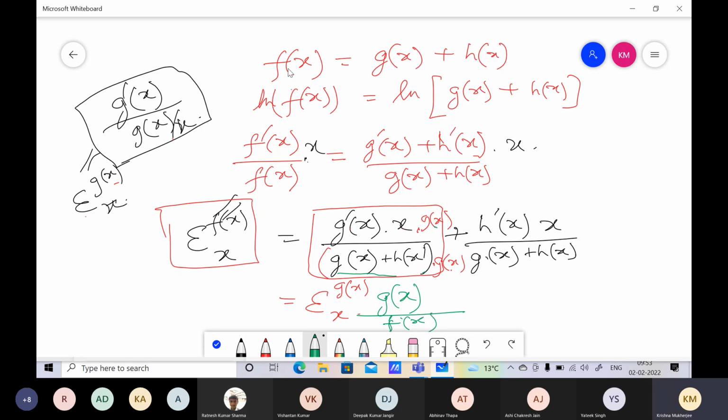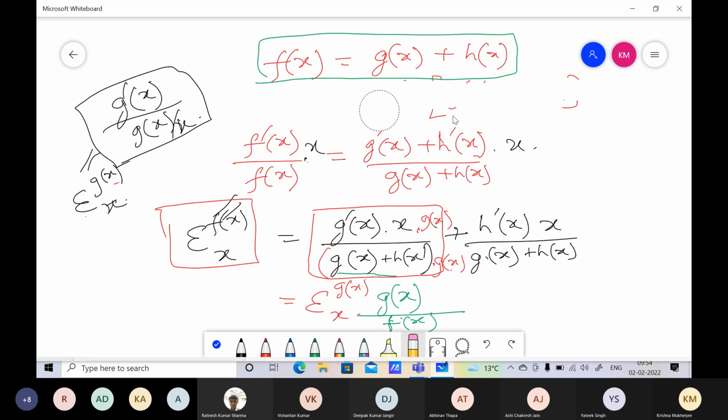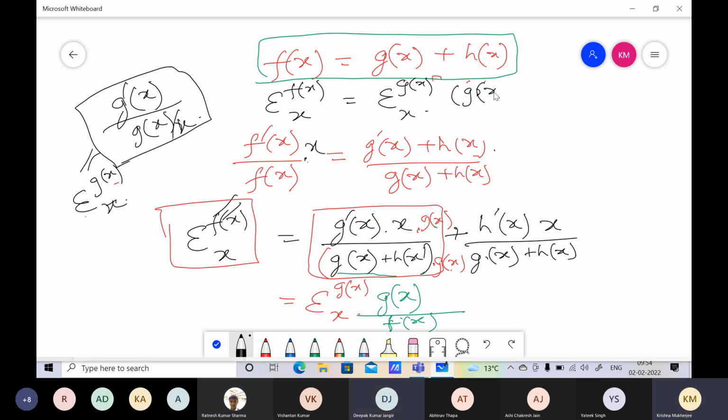Right? So we can see that this function will have a slightly irritating formulation, which will be given by: E of (f+g) with respect to x will be equal to E of g by x into g upon (g plus f) plus E of f by x into f upon (g plus f).